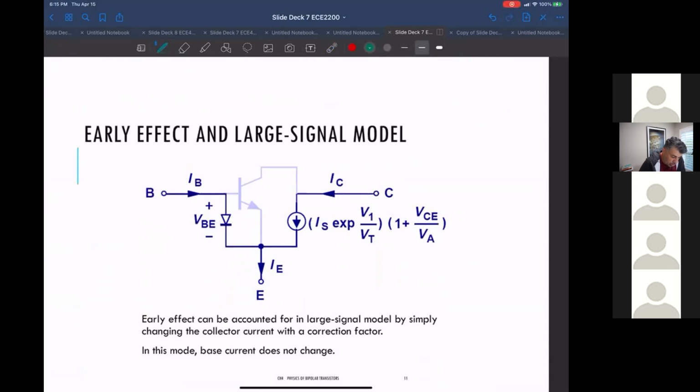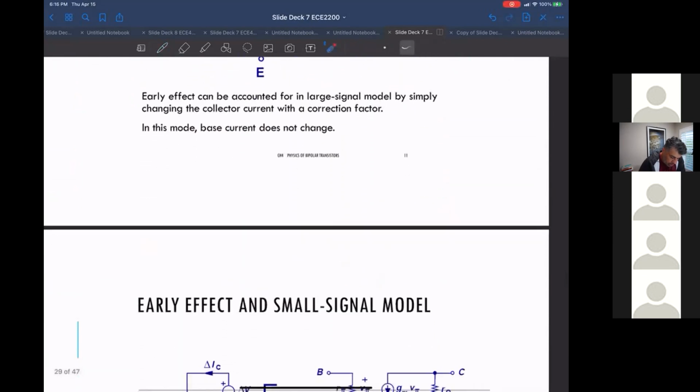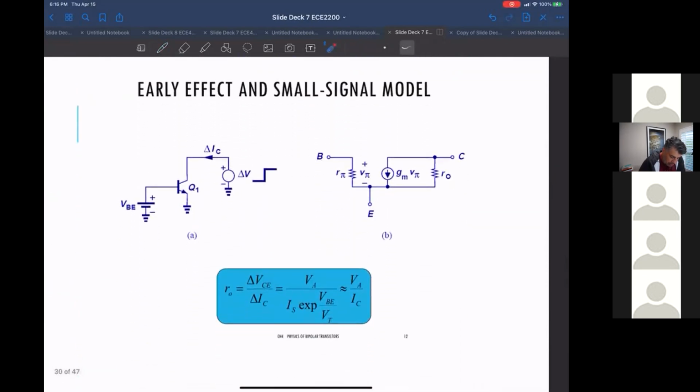When you're in the large signal model, it's pretty easy. Like I mentioned, you just have 1 plus VCE over V sub A, so you're just increasing your collector current. In the small signal model, it turns out that you're just adding an extra resistor to the collector emitter region.